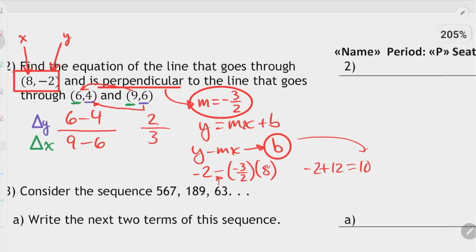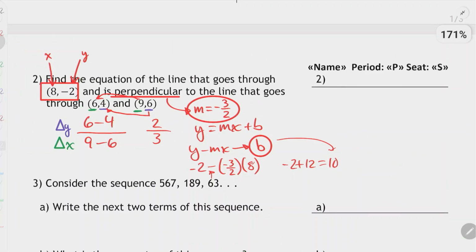Now I'm going to write my answer down and check it a bit. y is equal to negative 3/2 times x, plus 10. So how do I know this works? Again, if I plug the number 8 in, this equation should give me back negative 2.